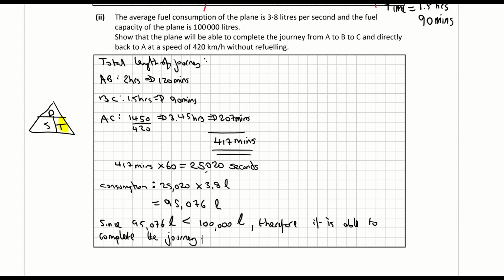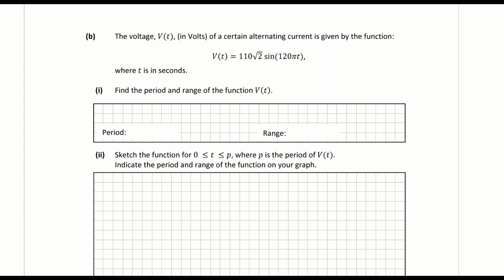Okay, scrolling on down. Part B, the voltage of a certain alternating current is given by this function. Find the period and the range. If we write it out in terms of A and B, my A is 110 root 2, sine B times t. My B is the number in front of the variable t.